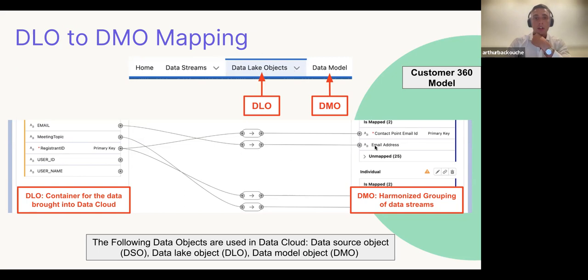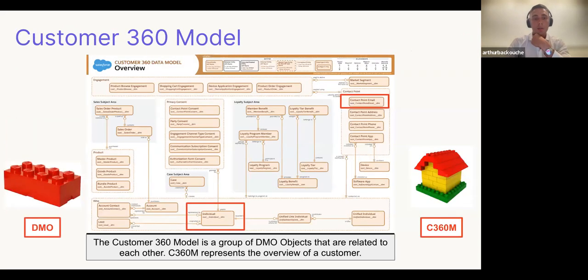Okay, so now what is really important to talk about is the Customer 360 model. It's like the Star Wars galaxy of your customer. As you can see in this slide, I don't use a representation of the galaxy, but a representation of Lego.